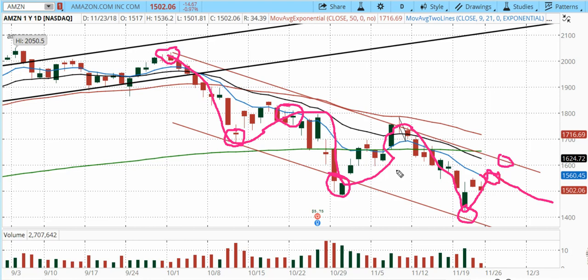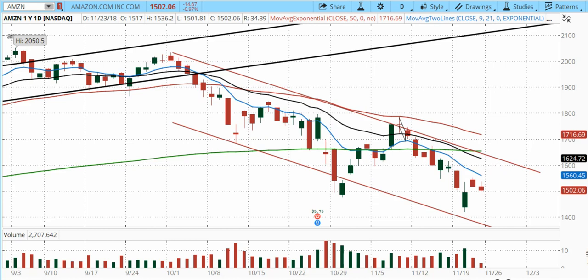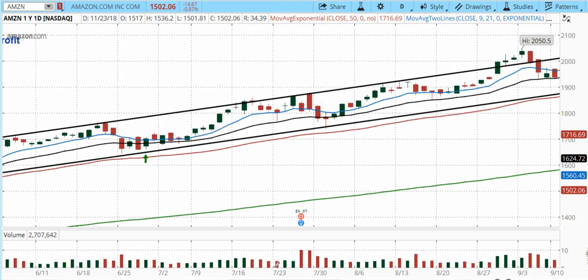Okay, so that's it. What I want you to understand is price oscillates within a channel, and you can use a channel to make money. You can buy and sell in a downsloping channel, and as we can see right here, you can make money in an upsloping channel.